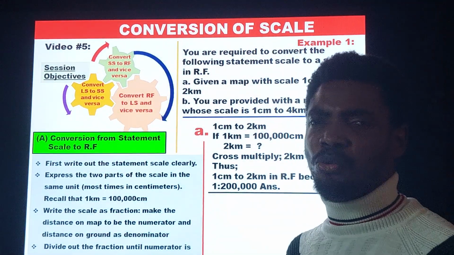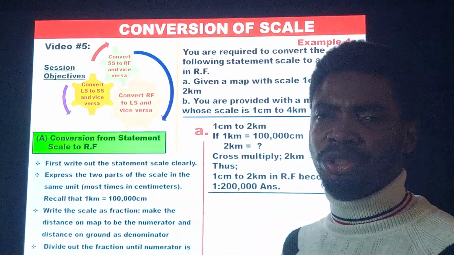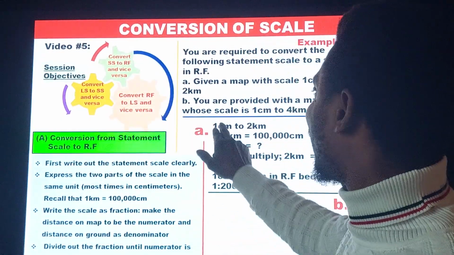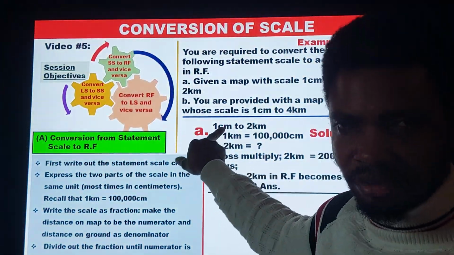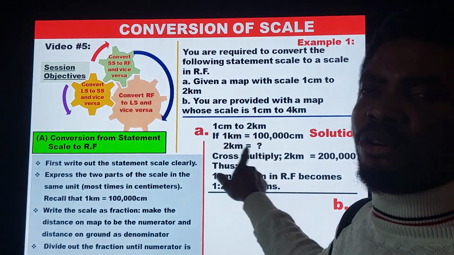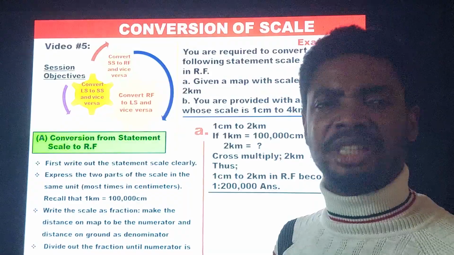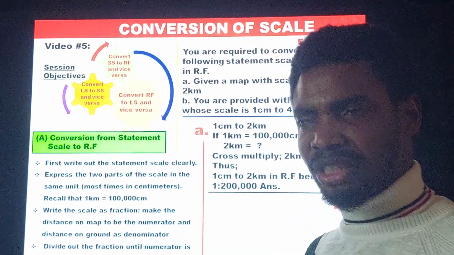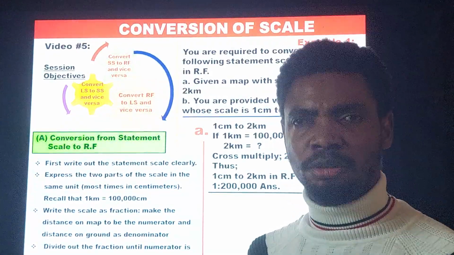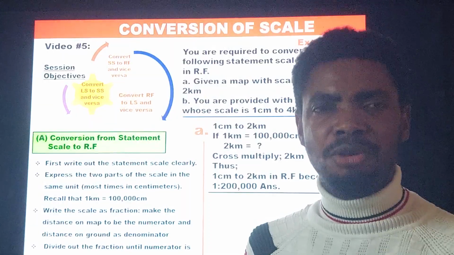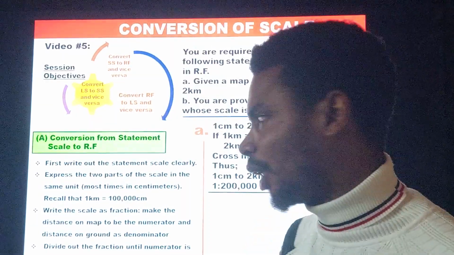And that is the answer. Don't forget, this one is already in centimeter. It is this 2 kilometers you need to convert to centimeter. And 2 kilometers is the same thing as 200,000 centimeters. So it means that in representative fraction, your scale will be 1:200,000.